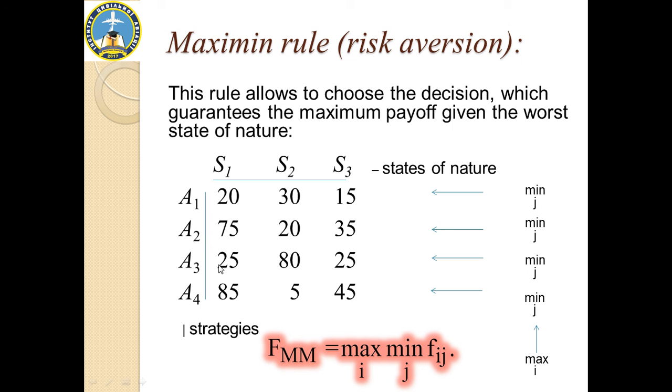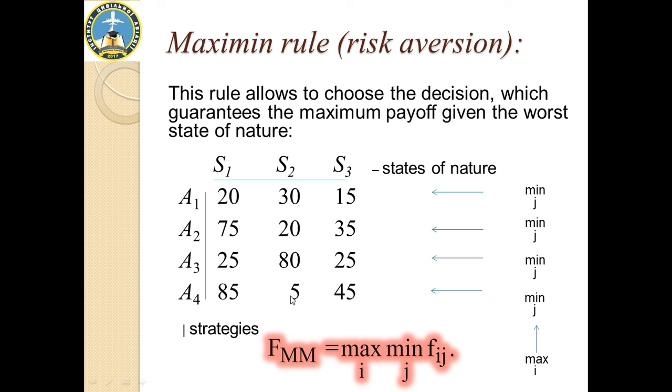And for the decision-making option A sub 4, the minimum payoff is 5. Again, it's for the state of nature S sub 2, whatever that is. So now we analyze. We have minima of 15, 20, 25, and 5. And now we maximize this minimum. Find the maximum of these minima.